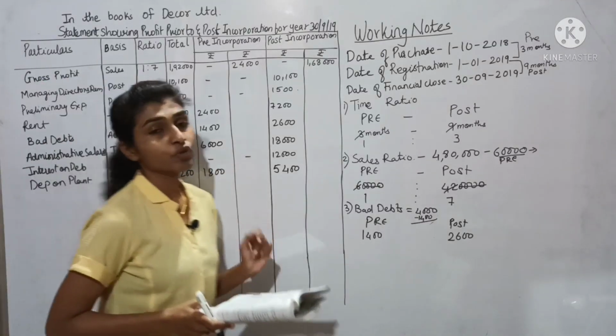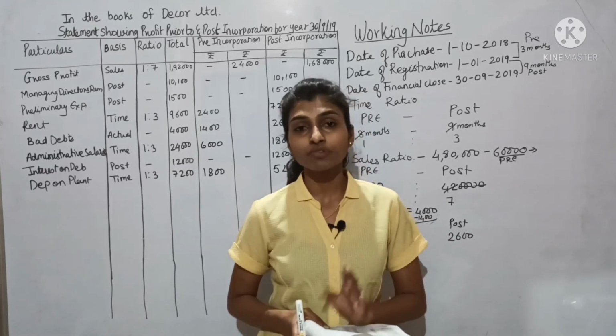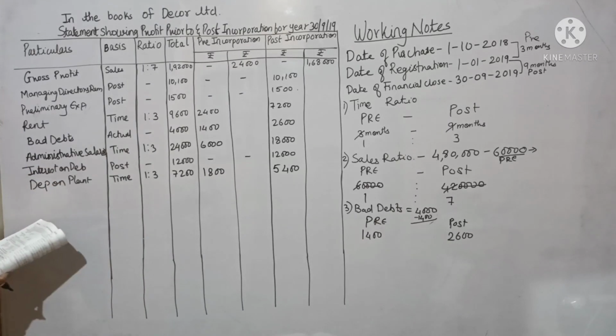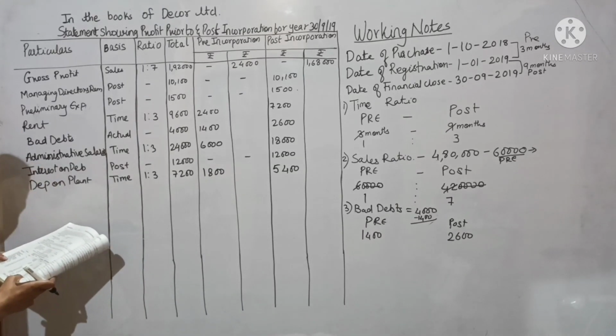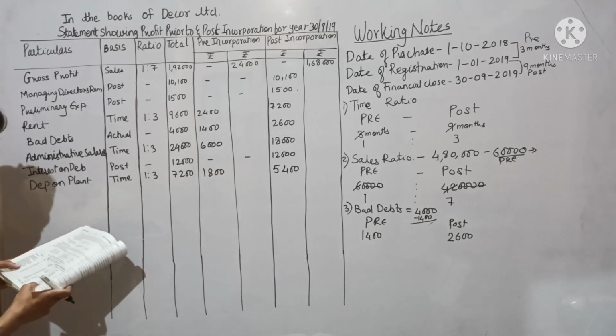Now hope you are understanding. We just have to distribute this income and expenses on the basis of the ratio. After depreciation on plant, we have office expenses, and office expenses we have to give on the basis of time ratio.